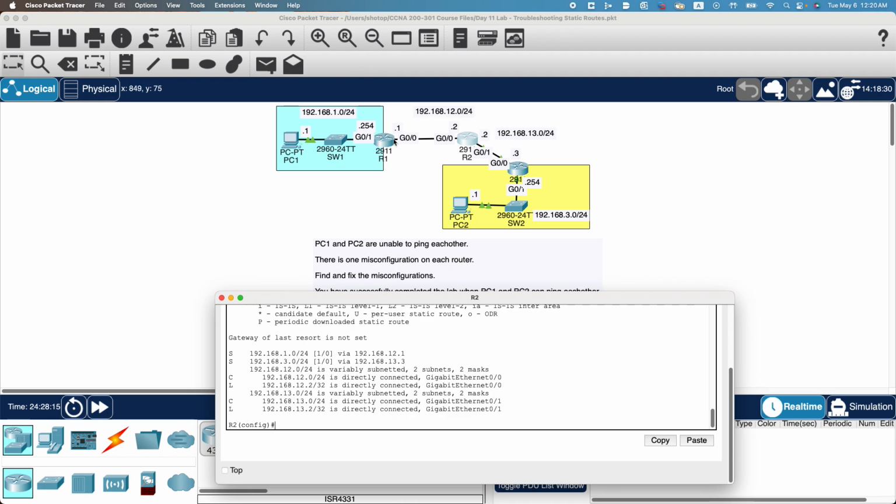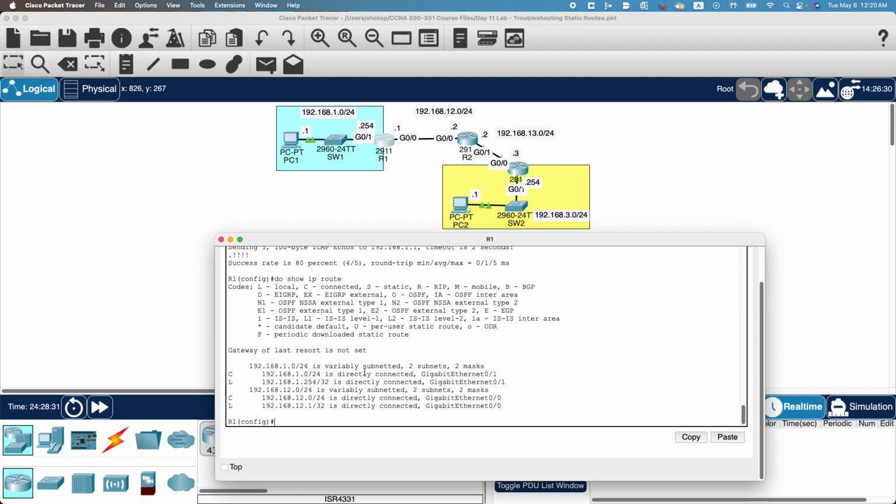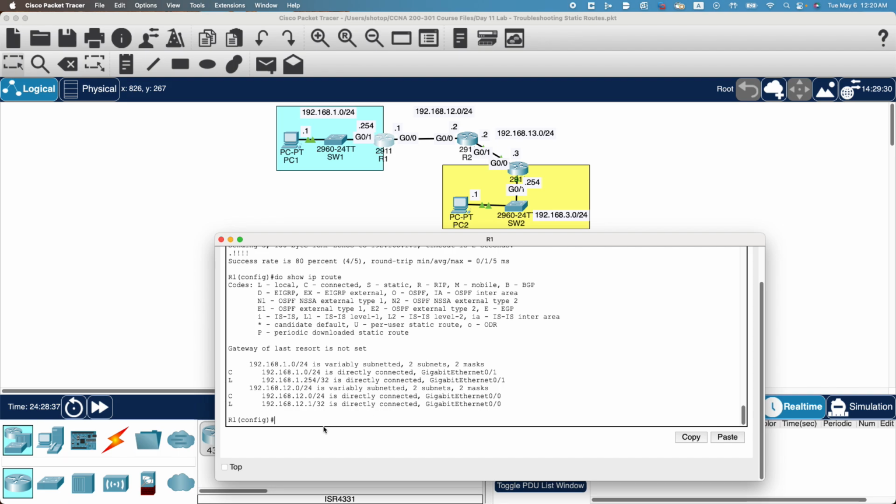Now I would expect R1 to look very similar, but with just a single static route. R1 does not have a single static route.